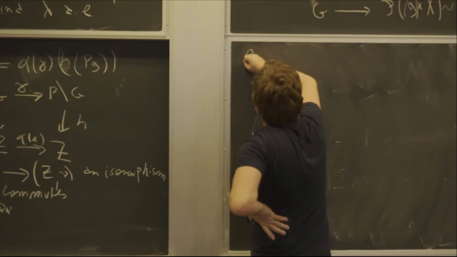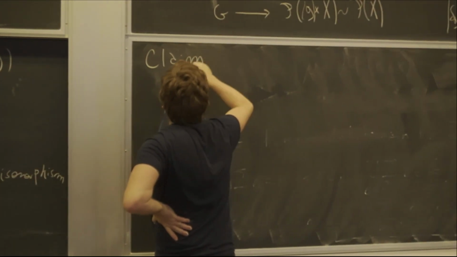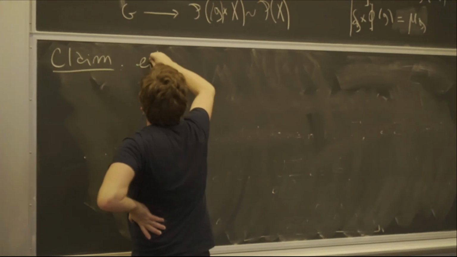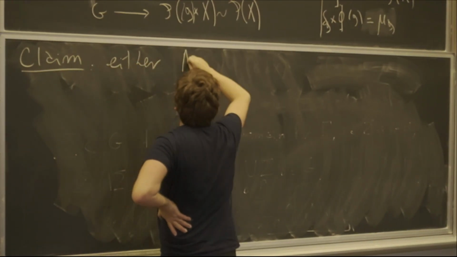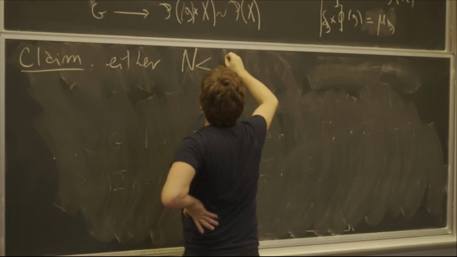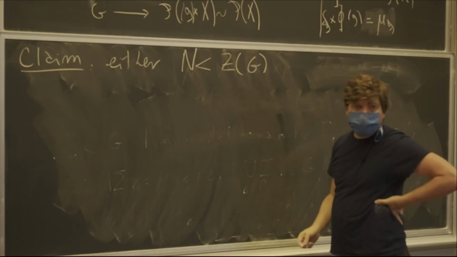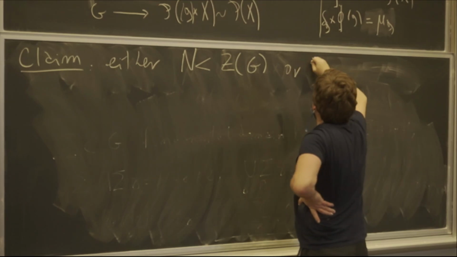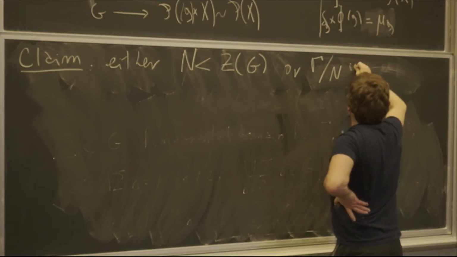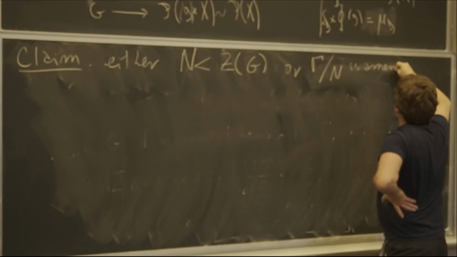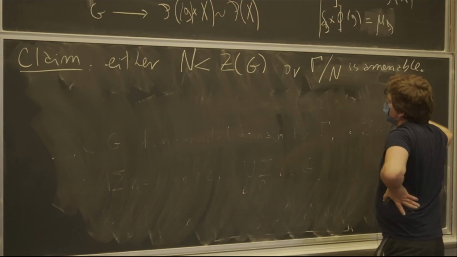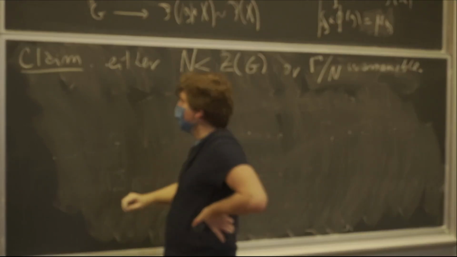So, claim: either N is a subgroup of the center of G, or gamma mod N is amenable. Proof of claim.